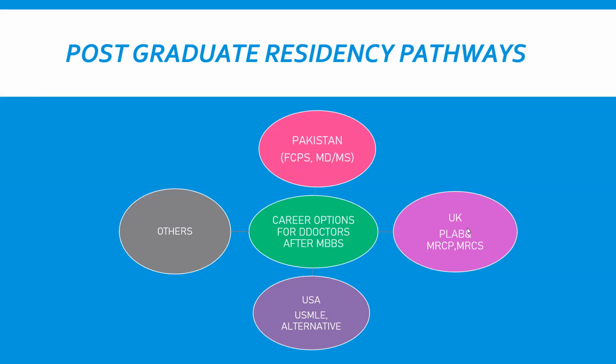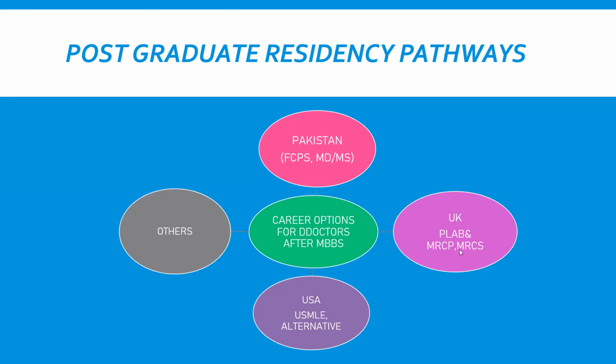So you can get the GMC through the PLAB pathway, or you can also get your GMC through the MRCP or MRCS pathway. MRCP is specifically for doctors, and this is a good option for those doctors who are looking for an additional degree but are working in their home country. Like if I'm working here as a resident surgeon in Pakistan, I can take the MRCS exam.